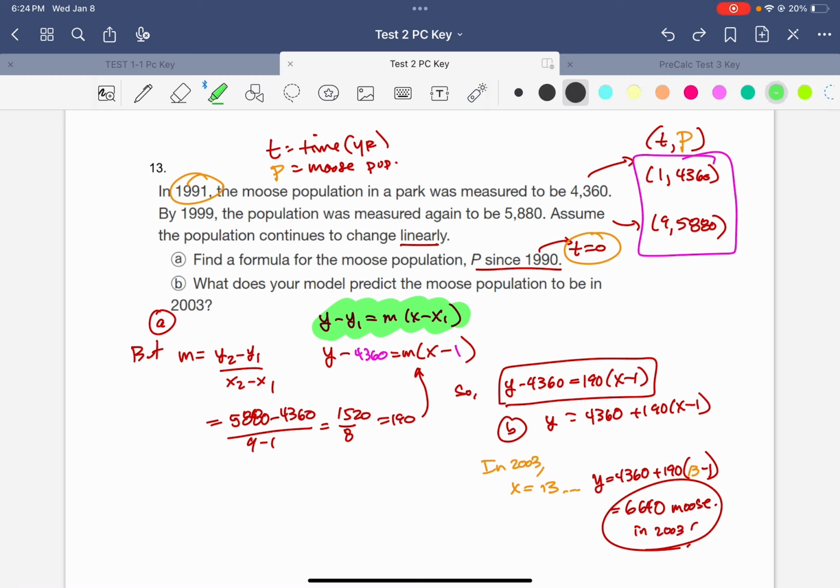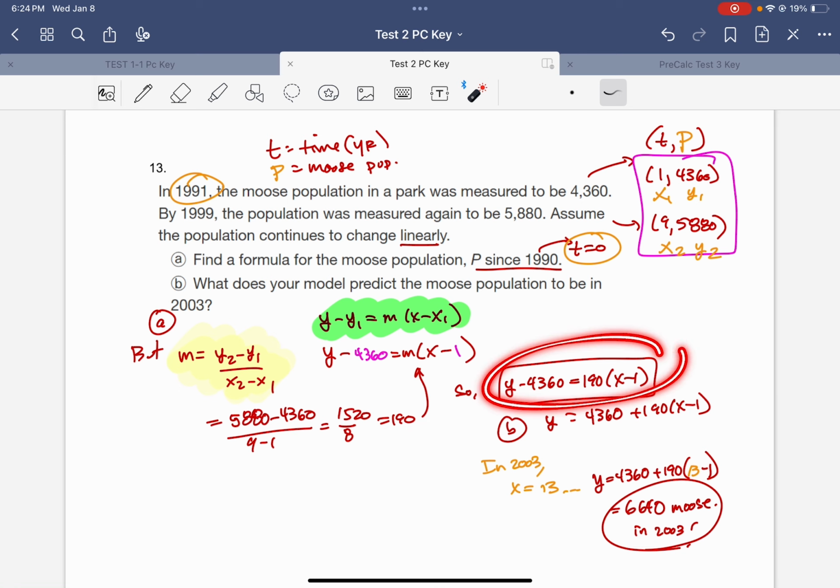So to find that slope, I must have my slope formula memorized, y2 minus y1 over x2 minus x1. And I go ahead and keep it straight and call this one x1, y1, this x2, y2. And when you plug in everything, you get that 190 is what m is. And so this is your equation of the line. And now if I solve for y, if I plug in any x value, I can find my y.